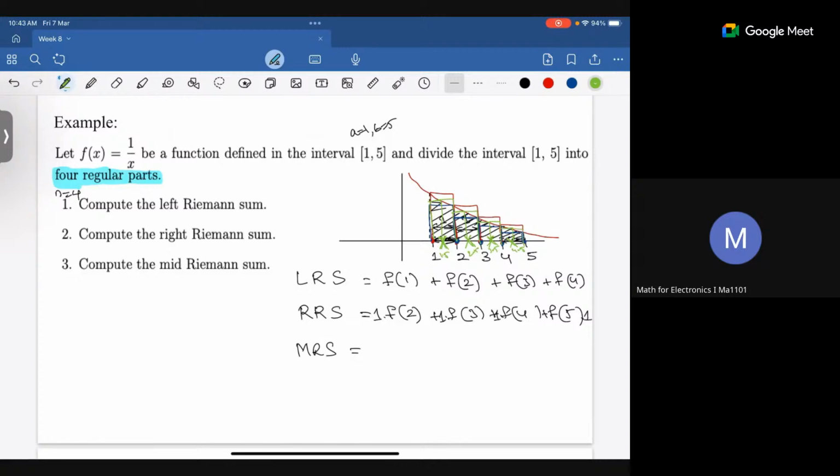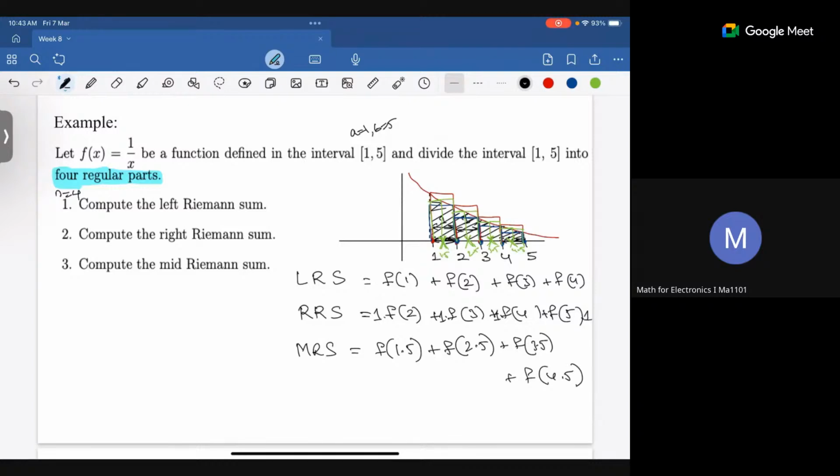Okay. So now when you compute the areas of each rectangle, the first rectangle's area will be f of 1.5 plus the second rectangle's area f of 2.5 plus f of 3.5 plus f of 4.5. Here you can see that the mid Riemann sum, the right Riemann sum, and the left Riemann sum values are different, right?